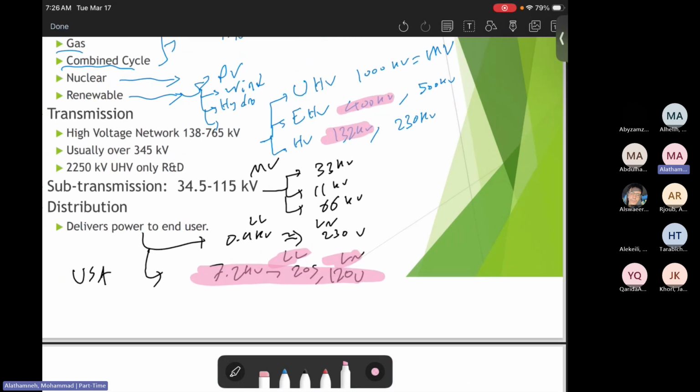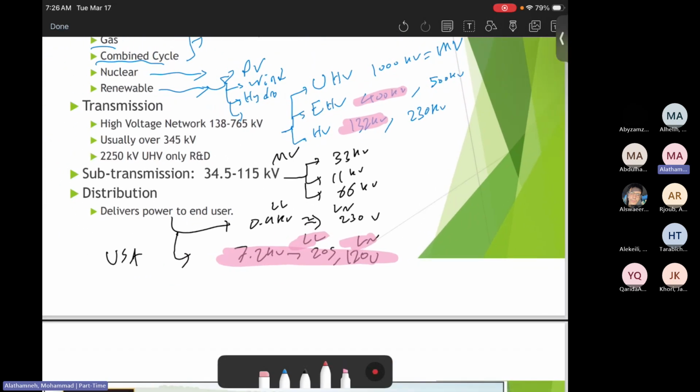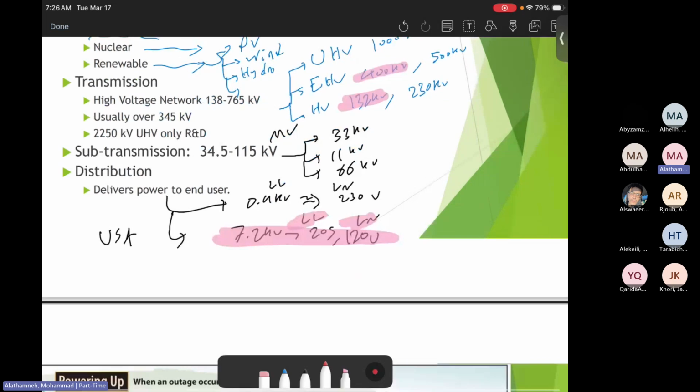In summary, the distribution transformer in the United States is single phase, 7.2 kilovolts, or we can say 15 kilovolts as three phase. But I'm talking about single phase, 7.2 kilovolts.